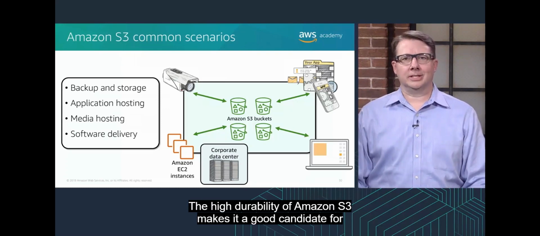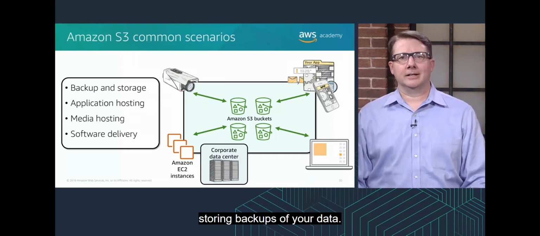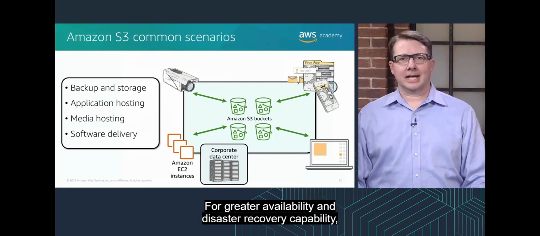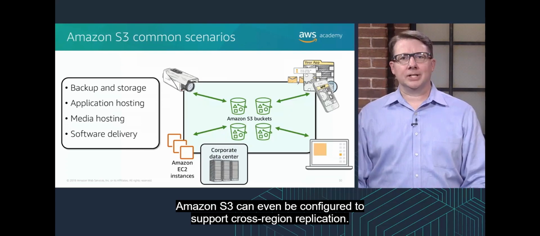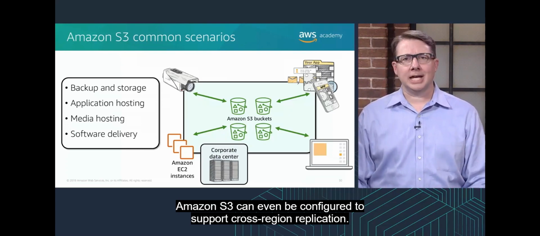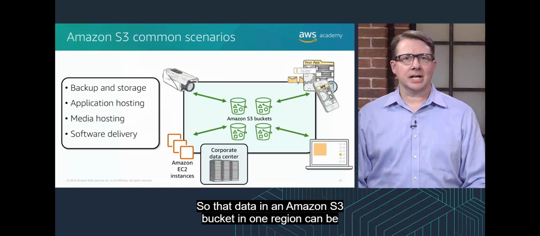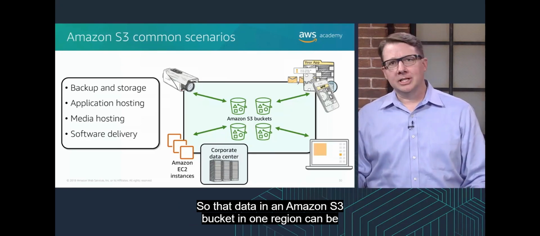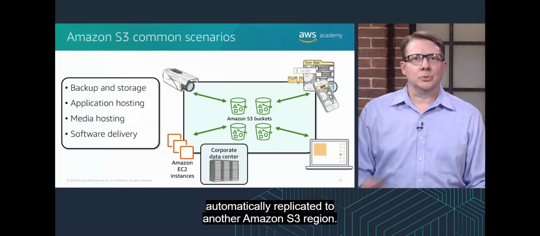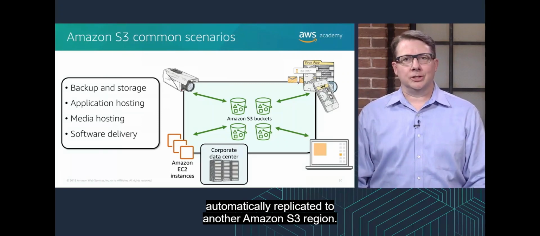The high durability of Amazon S3 makes it a good candidate for storing backups of your data. For greater availability and disaster recovery capability, Amazon S3 can even be configured to support cross-region replication so that data in an Amazon S3 bucket in one region can be automatically replicated to another Amazon S3 region.